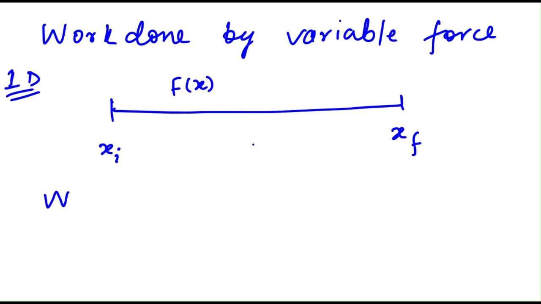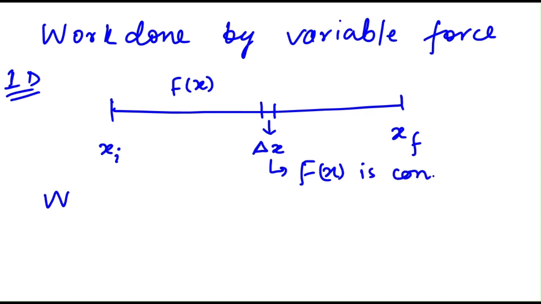So for that, we have to do one thing here. We can look, the force is varying over the entire displacement, but we can take a very small displacement here, let's say delta x, and for this delta x, we can consider force F(x) is constant.